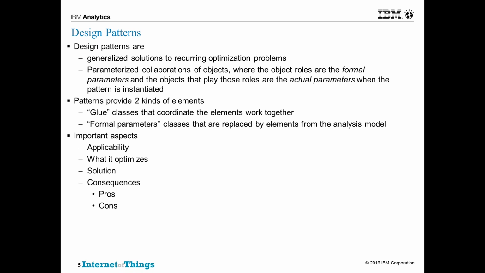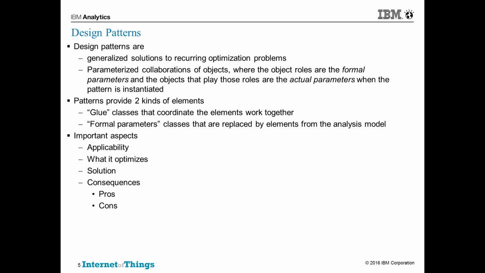And so the important aspects of patterns are when it applies, replicability: what has to be true or what you're assuming is true in order to apply the pattern; and what it optimizes. So why would I want to use this pattern? Because it optimizes performance or worst-case performance or repeatability or reusability or whatever characteristic you want.